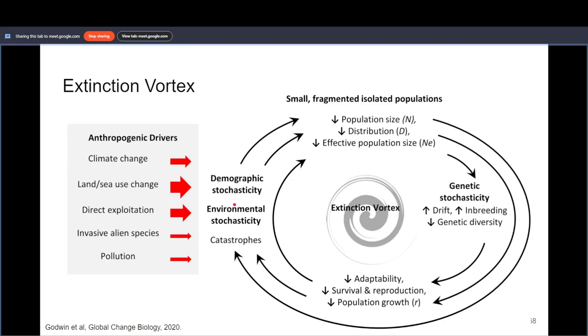So once they fall into this theoretical concept of an extinction vortex, there is no way out, right? And it ultimately leads to biodiversity loss and extinction.